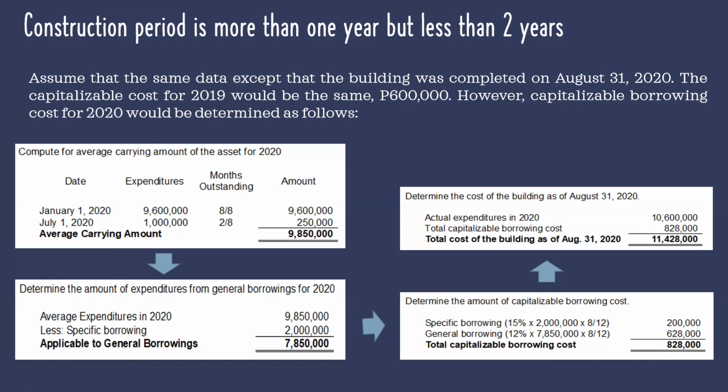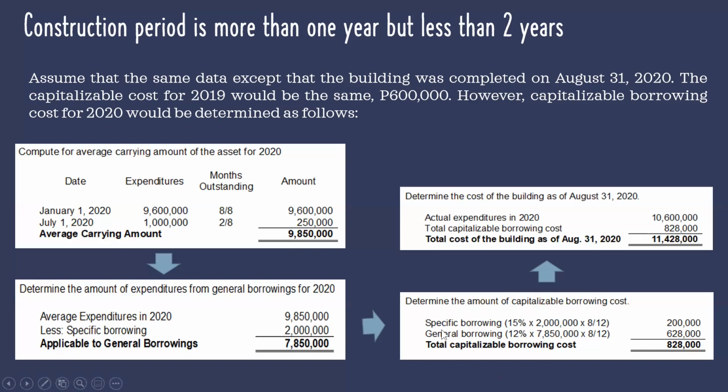So hanggang August 31 lang yung capitalizable na borrowing cost natin. So that's why you have here this computation, 15% times 2 million times 8 over 12. So you have na lang 200,000. Again, the capitalization of borrowing cost will end, no, or will stop kapag nakumpleto na yung assets. So in this case, nakumpleto siya August 31. So dyan na lang, hanggang dyan na lang yung capitalizable natin na borrowing cost.